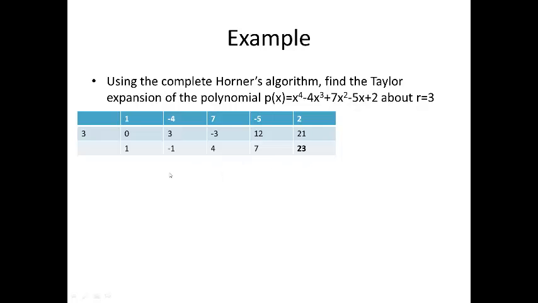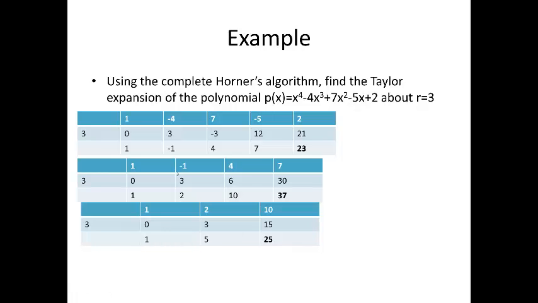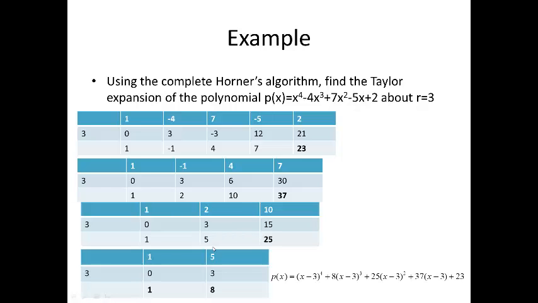Now we take that result, the 1, minus 1, 4, 7, and we perform synthetic division again on that. From there we get 1, 2, 10, and we bold the 37. Then we put 3 into 1, 2, 10, we get 1, 5, and 25. And we have 3 go into the 1, 5, we get 1 and 8, we bold those terms.